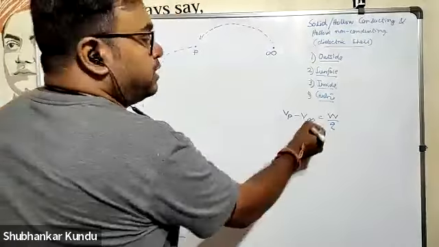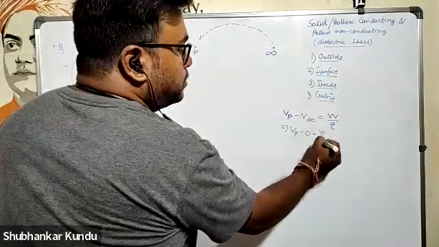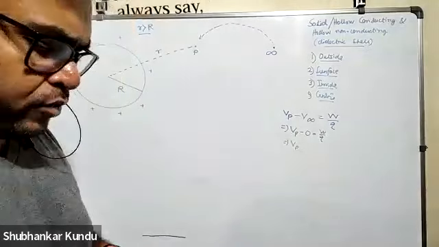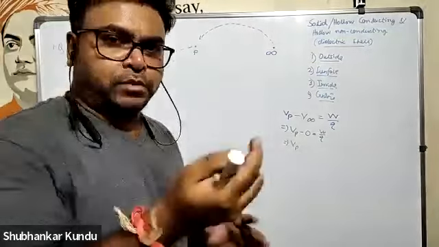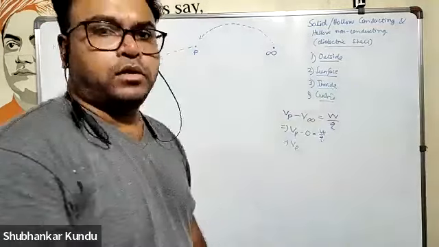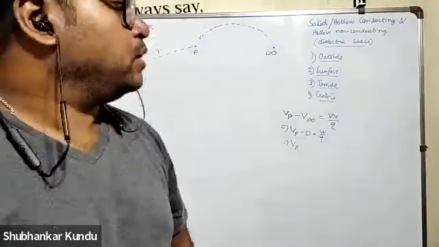Now V infinity will be 0. So in this way, I can calculate the potential at P. This is how we used to calculate the potential at a particular point. We take the reference point as infinity because there it is already 0. It is an assumption; in the last class, I've already proved how potential at infinity is 0.